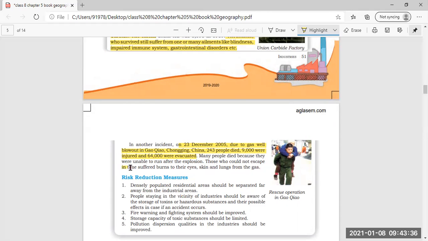This is the suffering of the people due to the gas well blowout in Chongqing, China, a place in China.